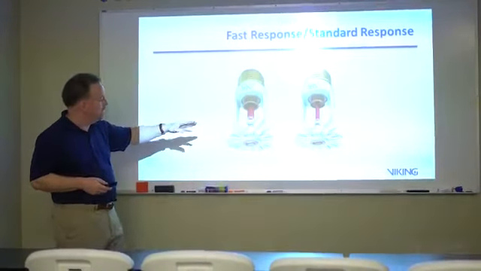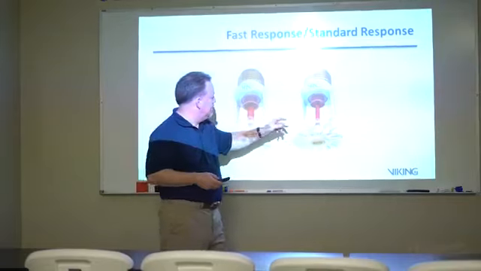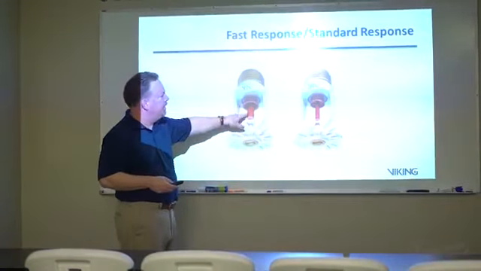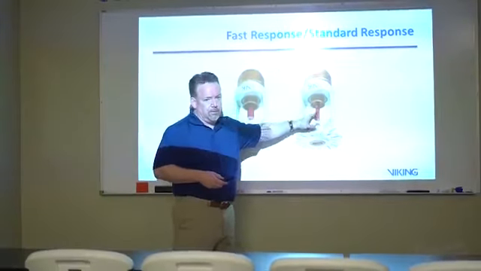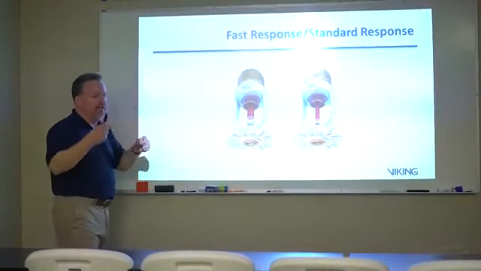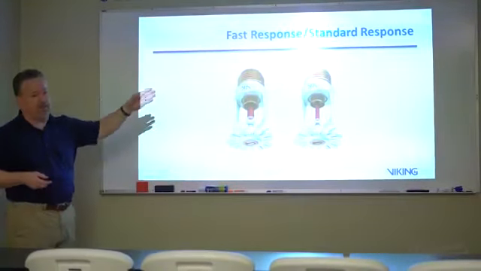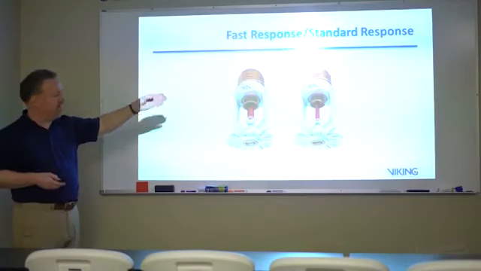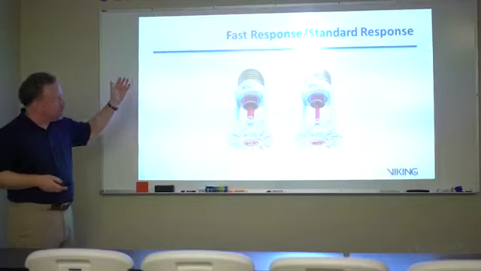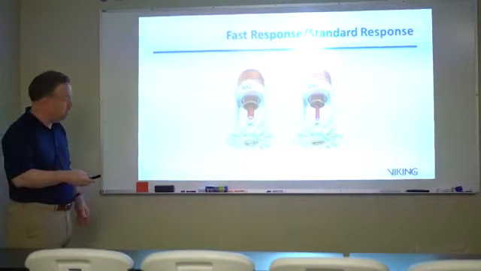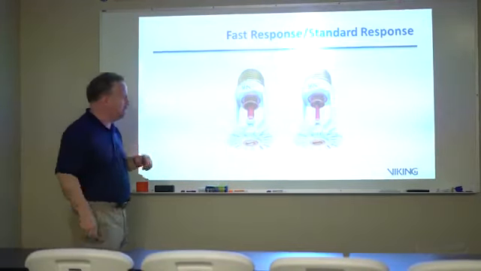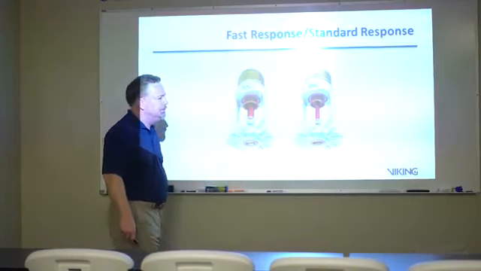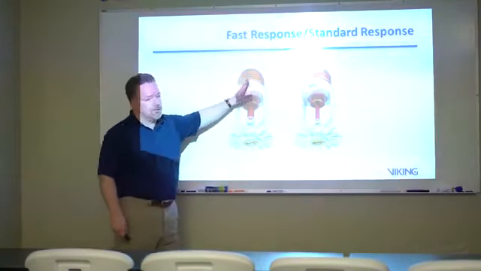This is a fatter, squatty bulb, and a very narrow bulb indicates that that is a fast response link. So that is most likely, in some circumstances maybe not, most likely a quick response sprinkler. And this is a standard response.